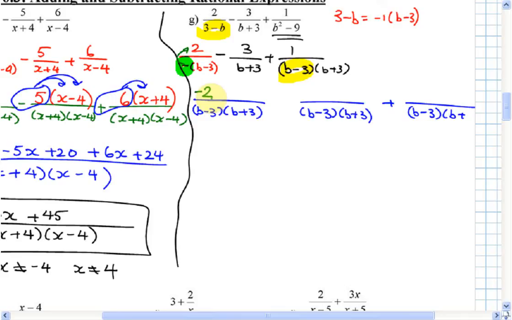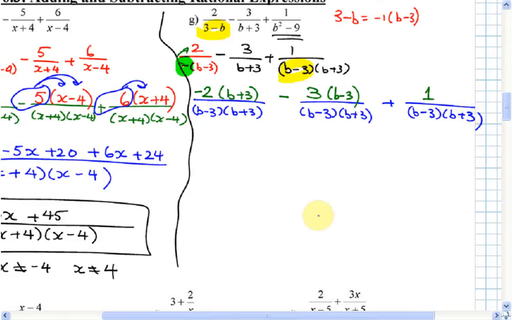Okay. And to finish off this one, what factor am I missing? b plus 3. Good. We got a minus and the 3. What factor am I missing from the middle fraction here? b minus 3. Good. And then I guess I'm missing nothing from the last one. Yes, Ryan.